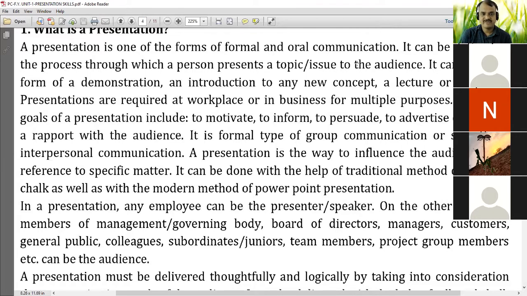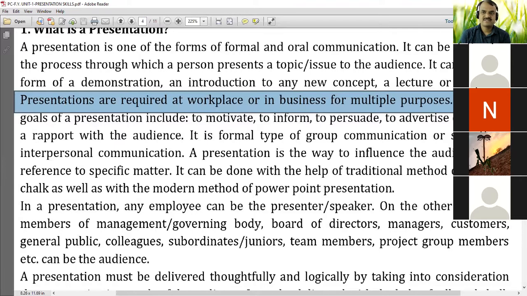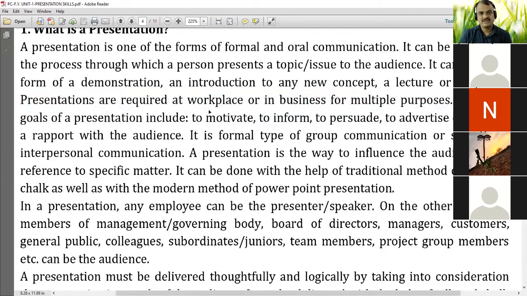See, these are different forms of presentation: a demonstration, an introduction to any new concept, and a lecture or a speech. Okay, see here, presentations are required at workplace or in business for multiple purposes. The main purposes or goals of presentation include, see, which ones are there?